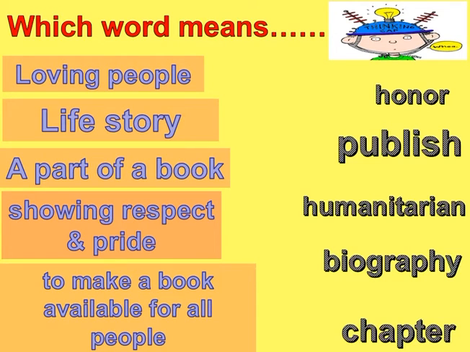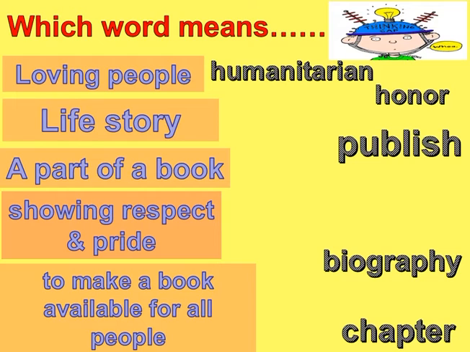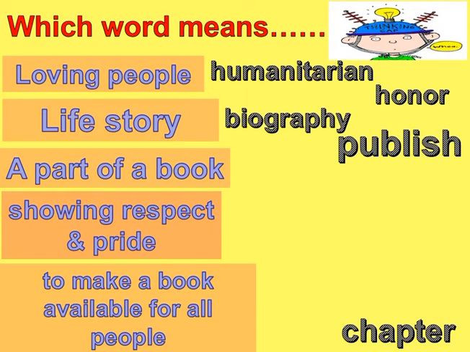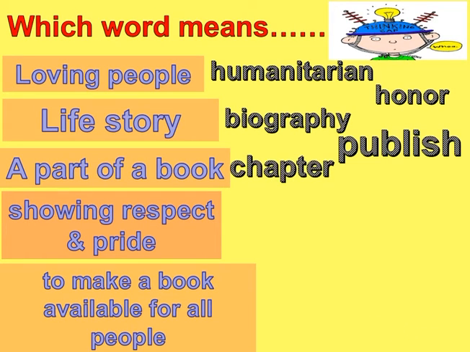Which word means loving people? It's humanitarian. Which word means life story? It is biography. Which word means a part of a book? It is chapter. Showing respect and pride, it's honor.